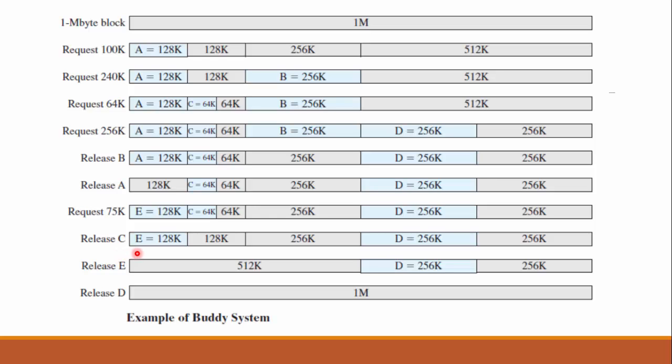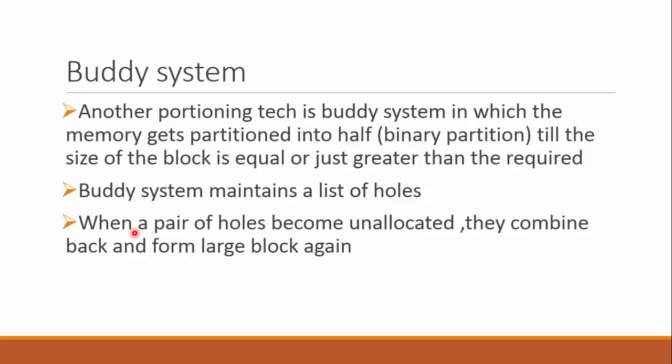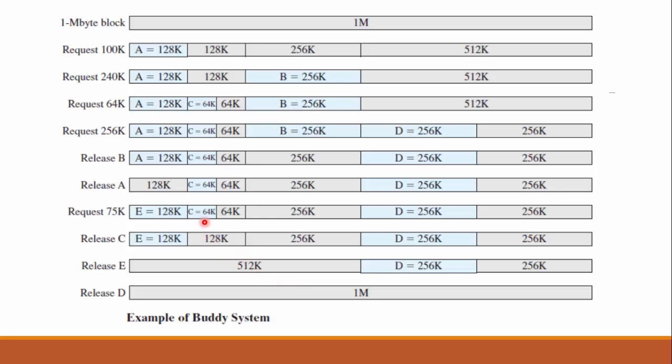Now we release C. Where is our C? Yeah. So when C is released, when a pair of holes become unallocated, they combine again and form a larger block. So when C is released, these two become unallocated and they combine back to form a big block, that is 128K.